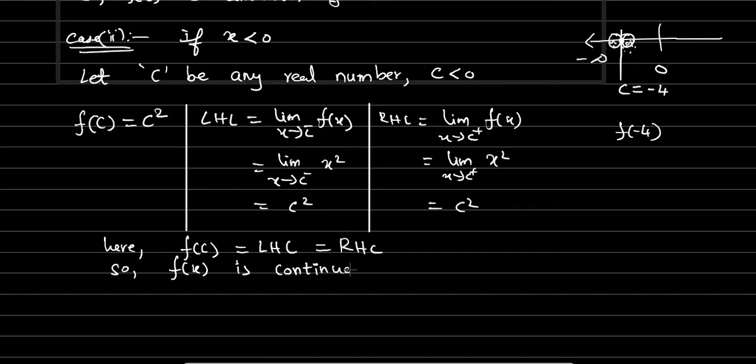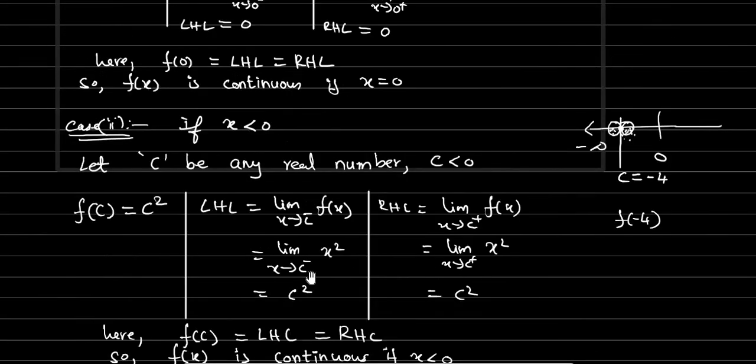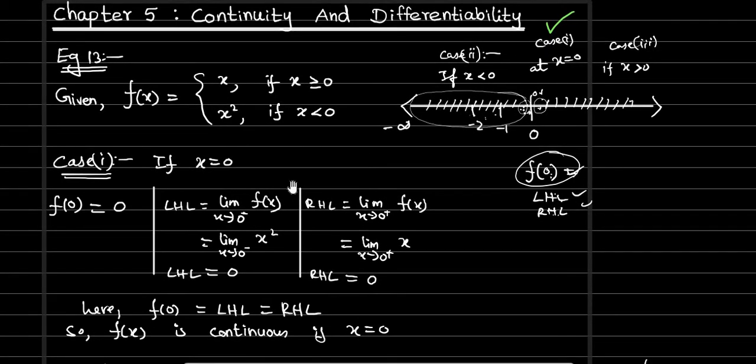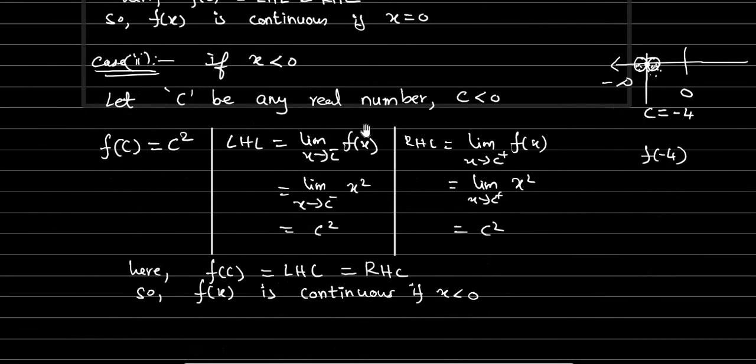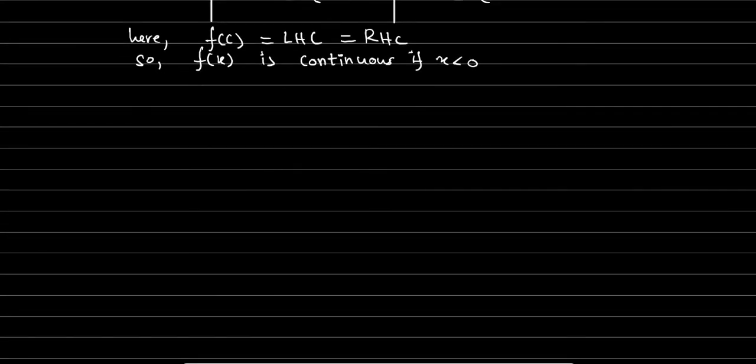Since we are finding the continuity of two different functions as parts, in this portion, for all real numbers less than 0, the function is continuous. Now only the last case remains: case 3, if x is greater than 0. For that alone, we need to check now.